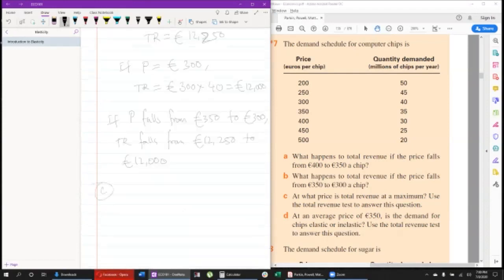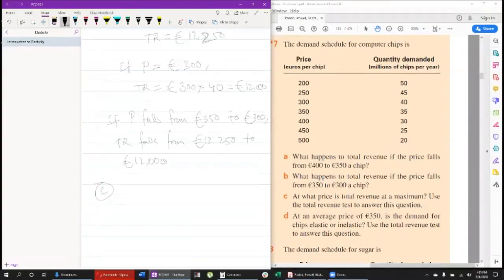Part C. At what price is total revenue maximized? Okay, so there are multiple ways of calculating this. What you guys can do is take each of the price levels. So at price 200, QD is 50. At price 250, QD is 45, and so on.